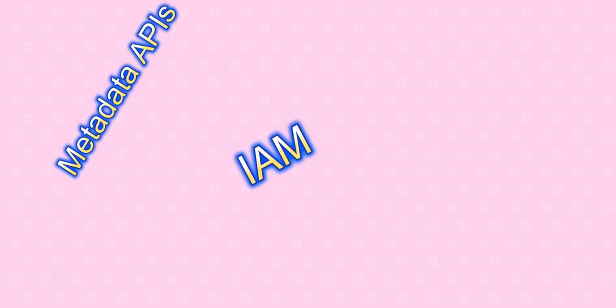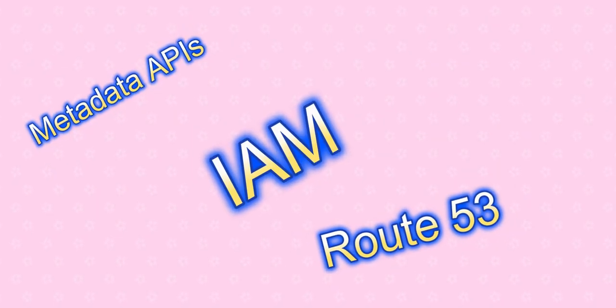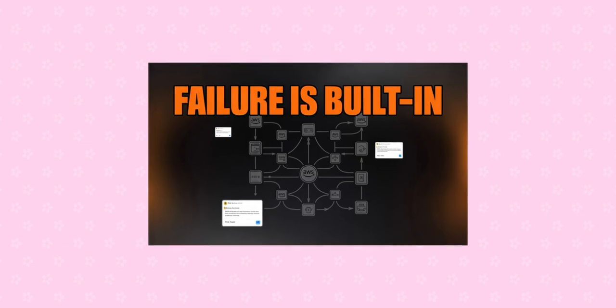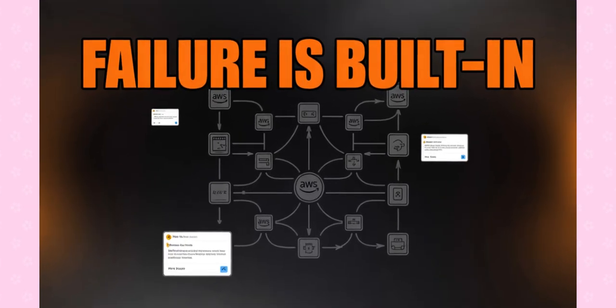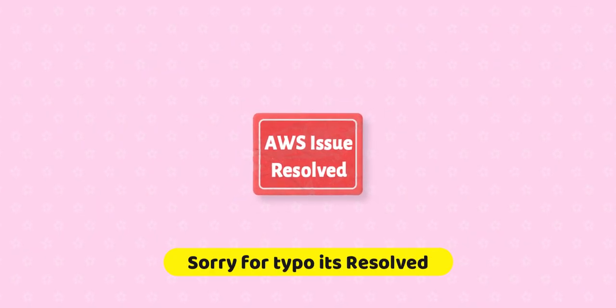Even services hosted in other regions rely on metadata APIs, IAM, and Route 53, which are hosted in the US East 1 region. So, when DNS failed here, everyone got affected everywhere in the world. This outage lasted for several hours before AWS gradually restored normal operation.